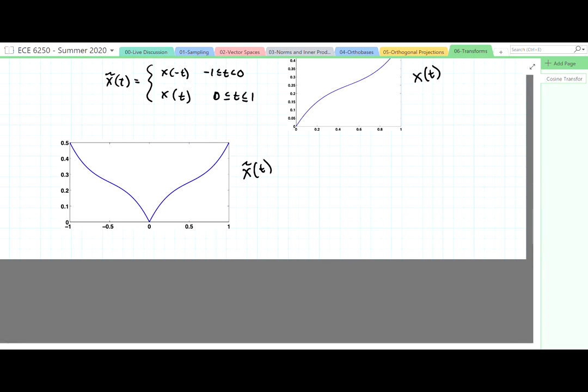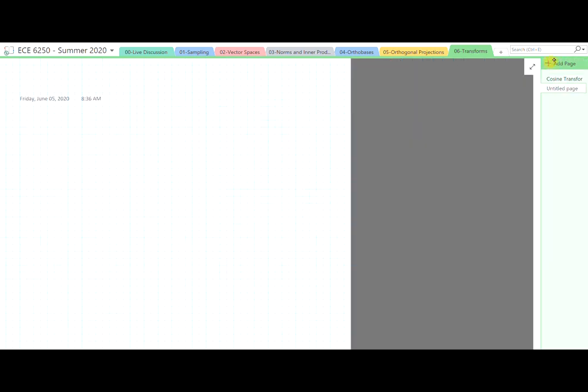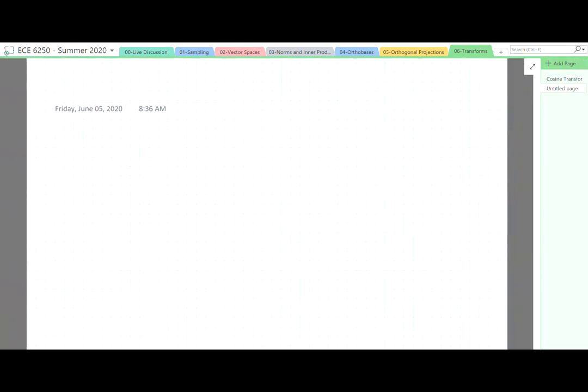Okay, so now we're going to take a brief detour to kind of motivate what we're doing with this example, and that is cosine. We're going to start with the Fourier transform of our reflected version.